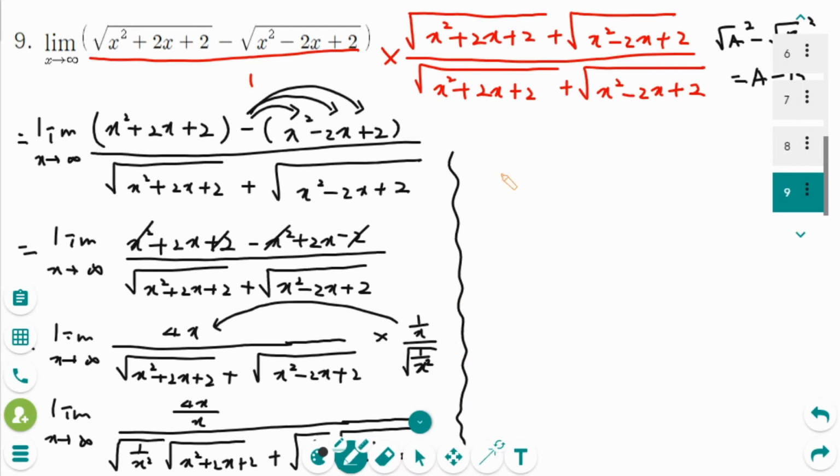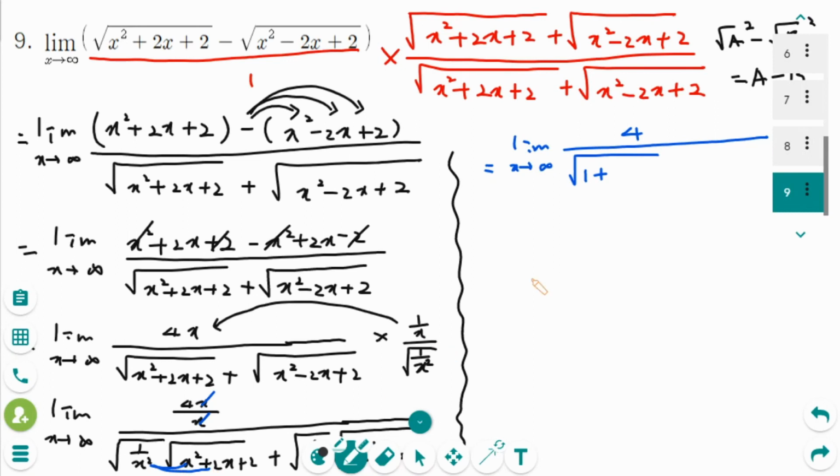And then the next step is, this is 4 over square root of this one. The first one is x squared over x squared, which is 1.